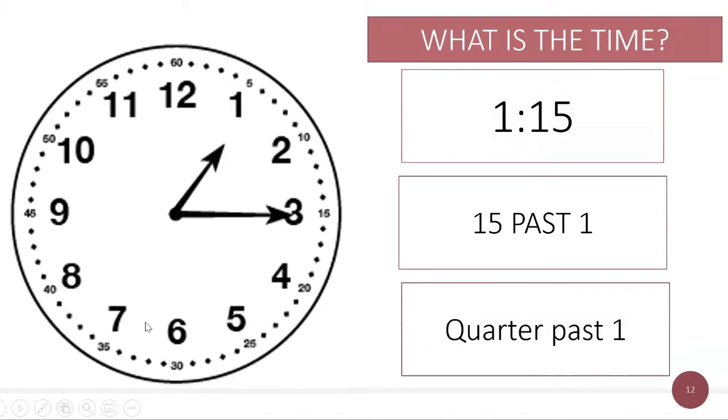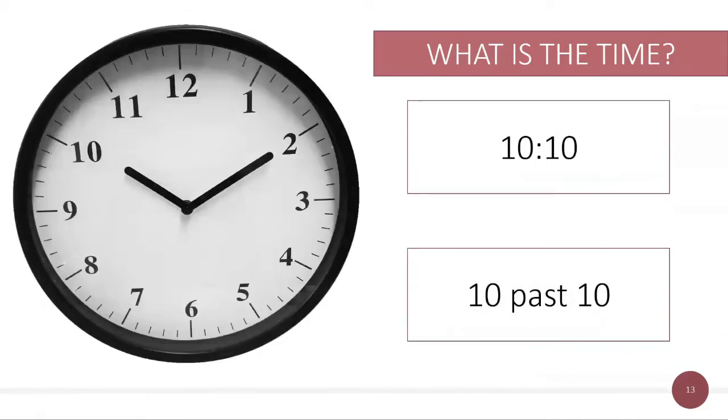Because in 1 hour, we have 60 minutes, and 15 over 60 is a quarter. So using this clock, you can tell time in 3 different ways. You can say that it is 1:15, or it's 15 past 1, or it's a quarter past 1, okay?